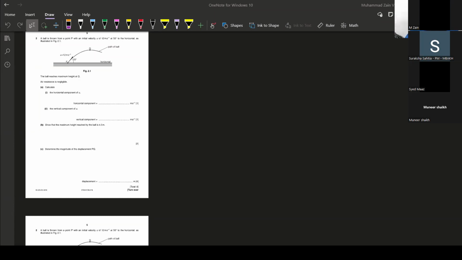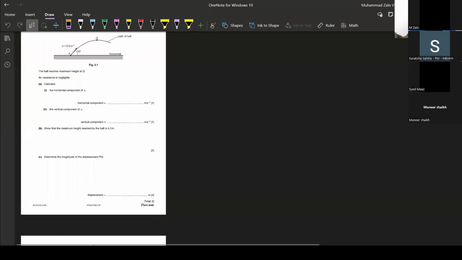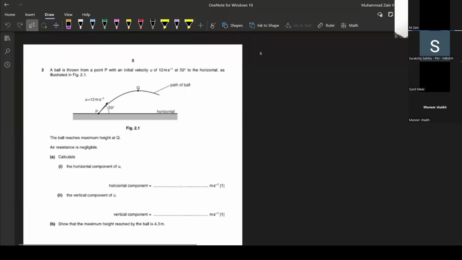And Hamad, zooming in would be better. Maybe try full screen. Oh yeah, I will zoom in once I start. So I'm just asking about the screen, the resolution. I will be zooming in when I start the question.